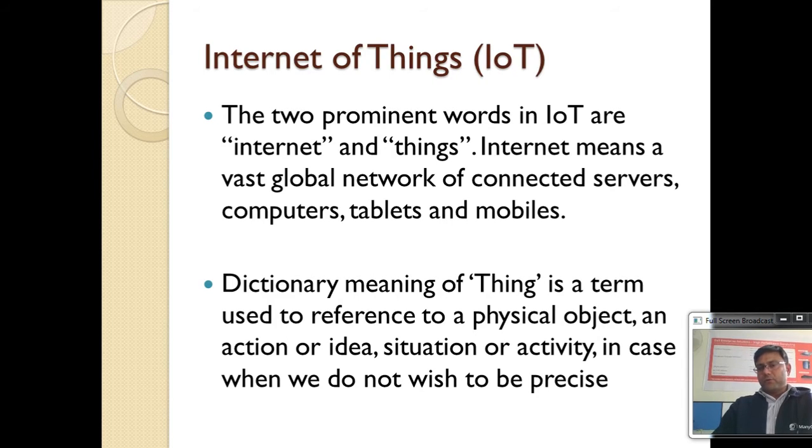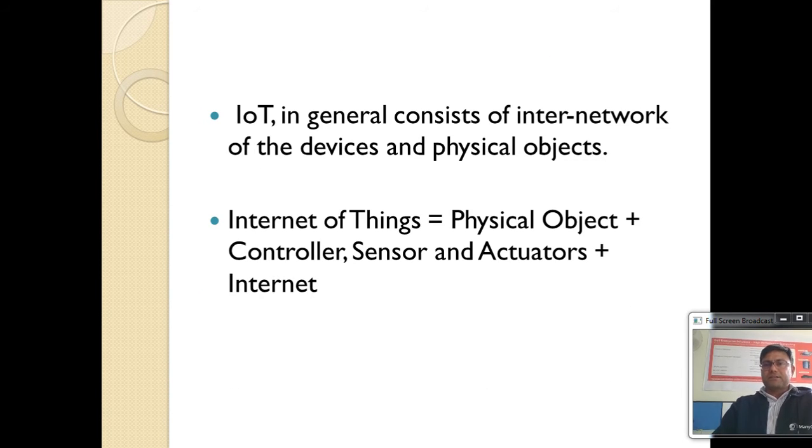Now we come to the term thing. A thing is meant to be any physical object. If we take the dictionary meaning of thing, it can be any physical object, any idea, any action, any situation, any activity, any case, whatever we need, not to be precise. IoT in general consists of an internetwork of devices and physical objects.